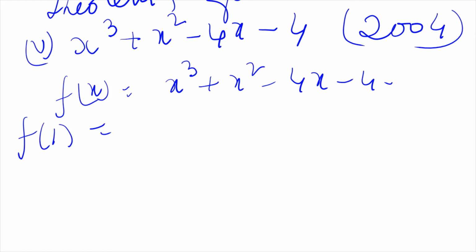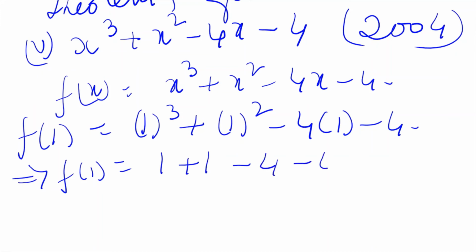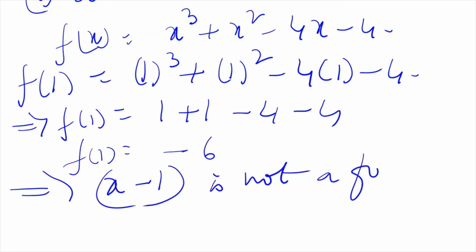So by trial and error, we have to find at least one factor first. f of 1 will become 1 cube plus 1 square minus 4 into 1 minus 4, which is 1 plus 1 minus 4 minus 4, that is 2 minus 8, which is minus 6. So x minus 1 is not a factor because some remainder is coming.